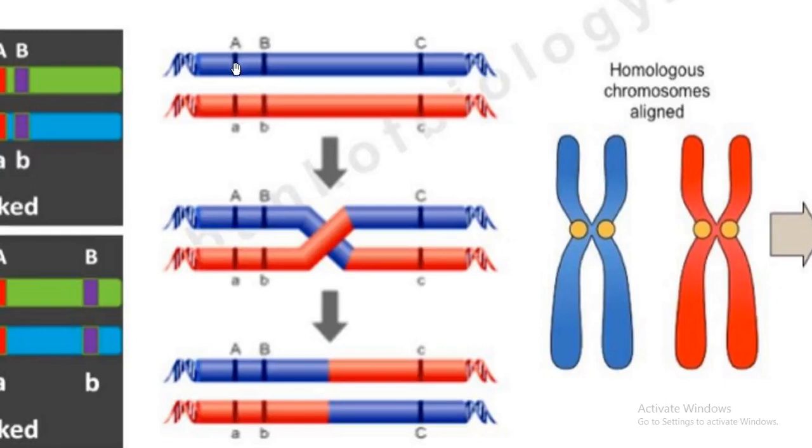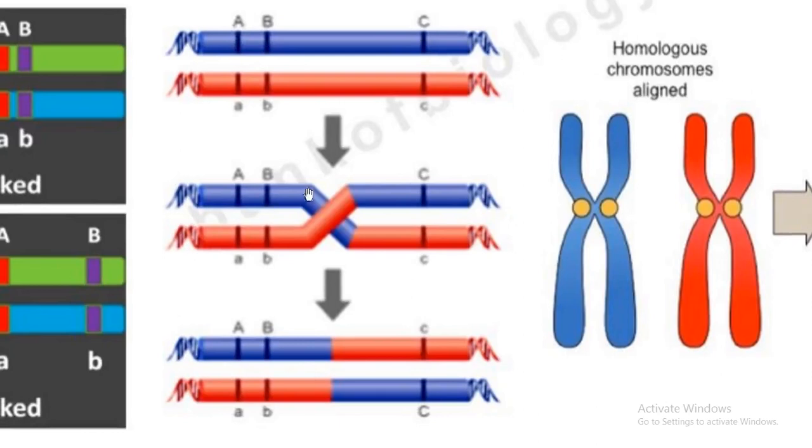See here, this is a parental one, with A, B and C. Here recessive pattern இருக்கு, small a, small b and small c. Got it? இப்போ when they undergo recombination, so இந்த chromatid இங்கே cross ஆகுது, இந்த chromatid இங்கே cross ஆகுது.